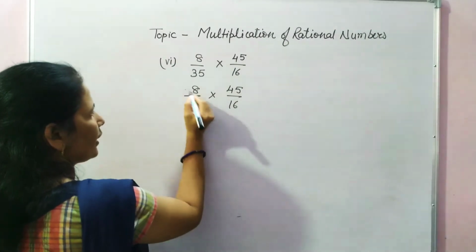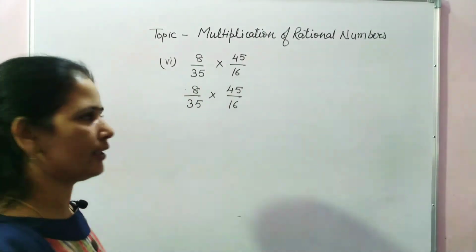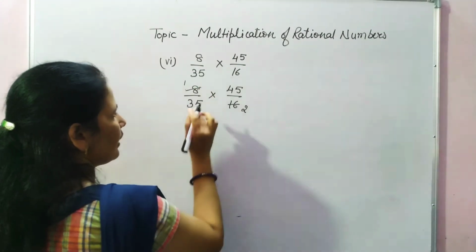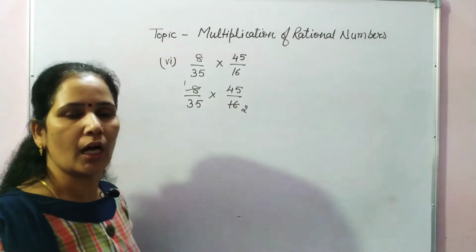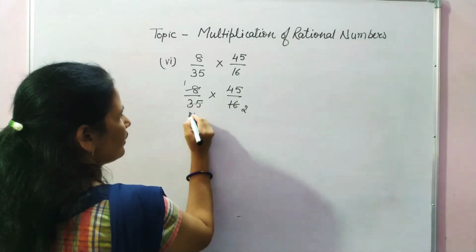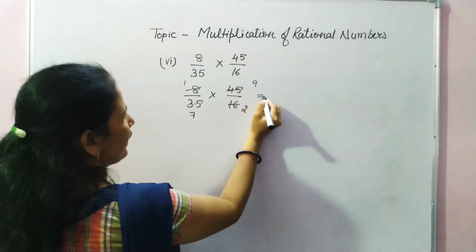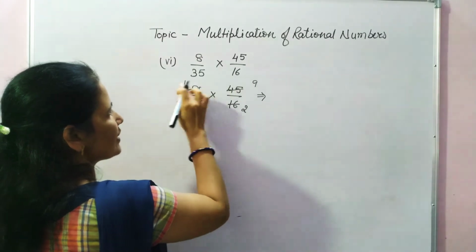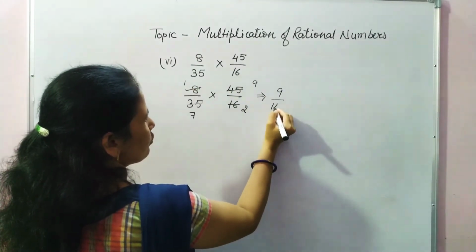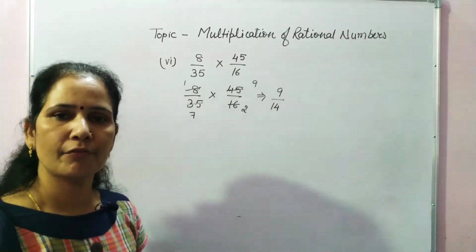Student, we observe 8 and 16 are both multiples of 8. So we try the table of 8: 8 ones are 8, 8 twos are 16. And 35 and 45 are both multiples of 5. So we cancel with 5: 5 sevens are 35 and 5 nines are 45. What answer do we get? 9 ones are 9 and 7 twos are 14. So the multiplication of these two rational numbers is 9 by 14.